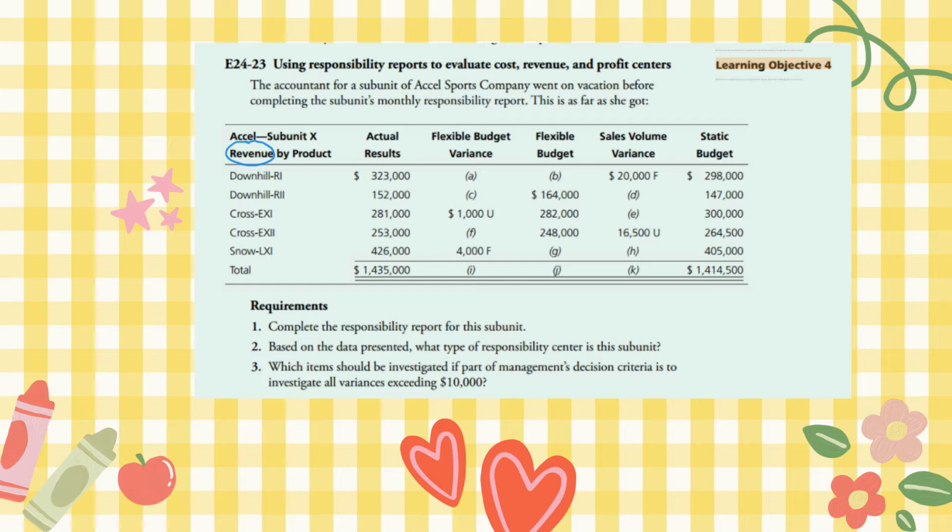Here he's talking about only revenues for more than one product. For requirement 2, what type of responsibility center is this subunit? Since all of them are revenues, it's going to be a revenue center.